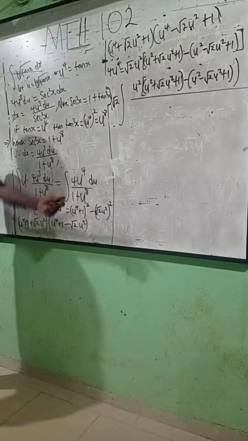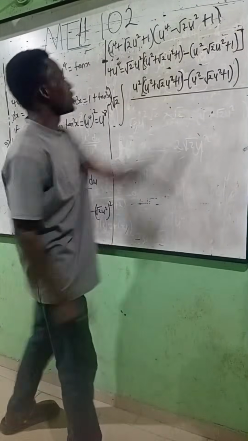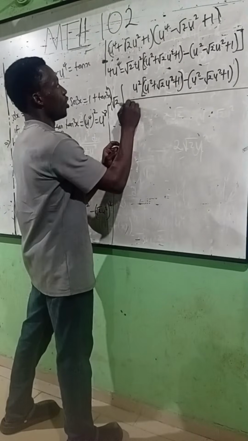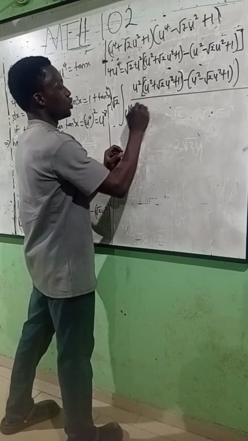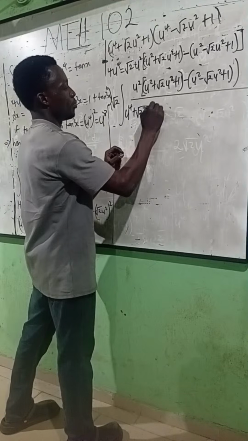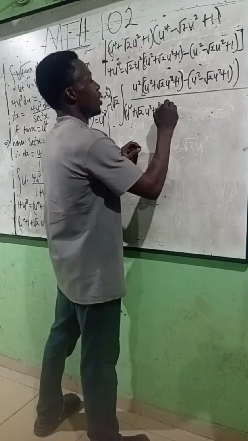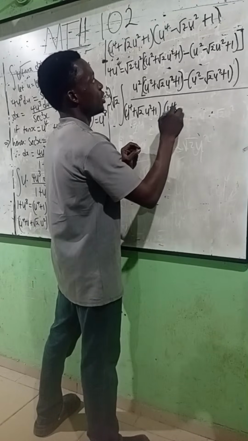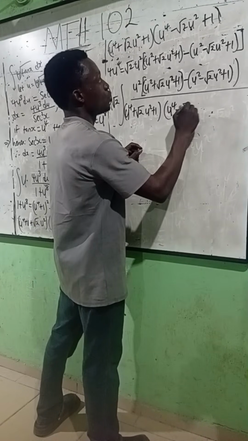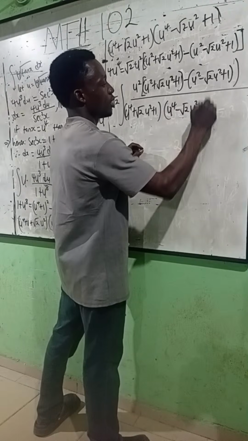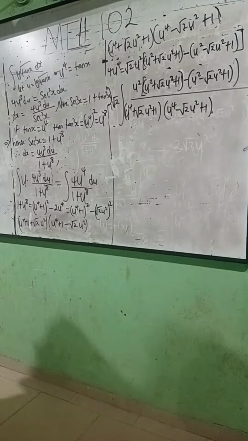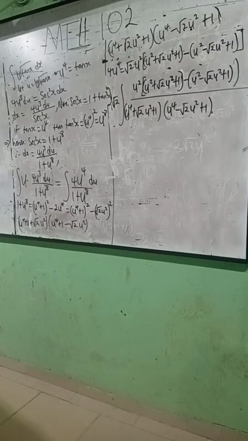You know the denominator is 1 plus u^8, which is this: u^4 plus root 2 u^2 plus 1, then u^4 minus root 2 u^2 plus 1. Are we clear to that part?